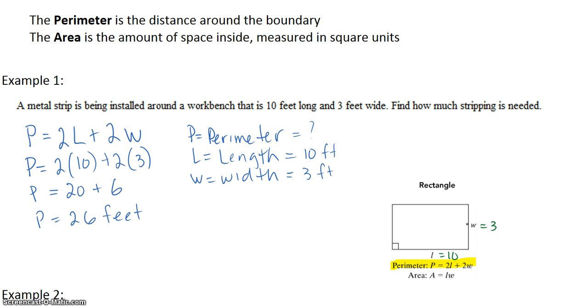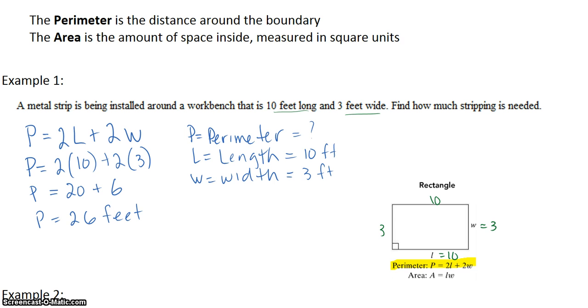In the picture, the width is 3 and the length is 10. So this side is also 3 and this side is also 10. And we just add these up, and you can see there's 20, 2 times 10, plus the 6, 2 times 3. So you can see that it just makes sense. And it makes sense it's in feet because all of this is in feet as well.